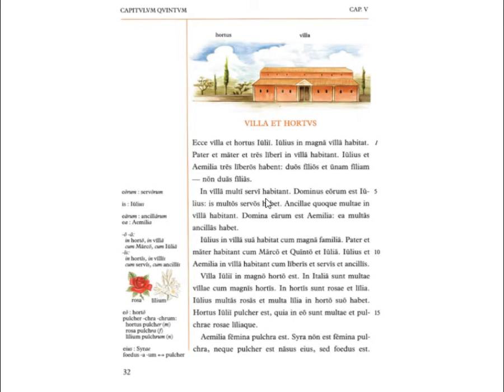Their master is Julius. He has many servants. Many handmaids also live in the villa. Their mistress, their lady, their female master is Amelia. Ea, she has many handmaids.